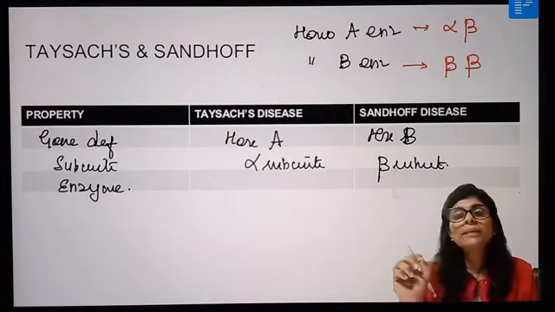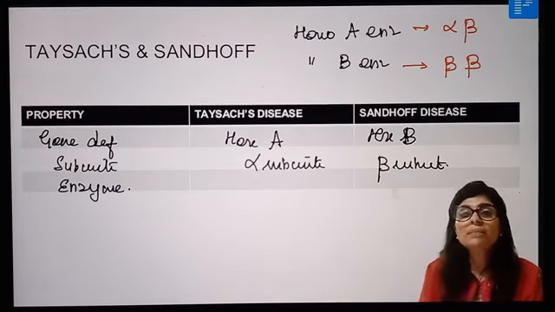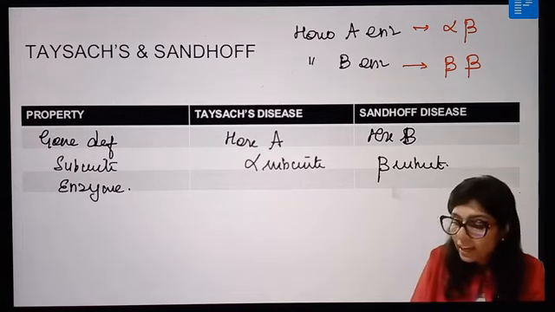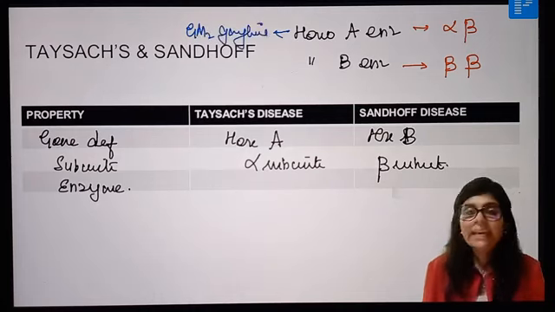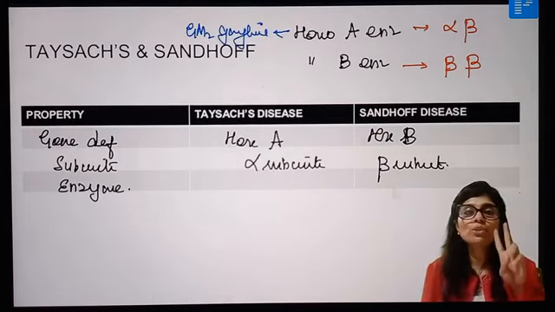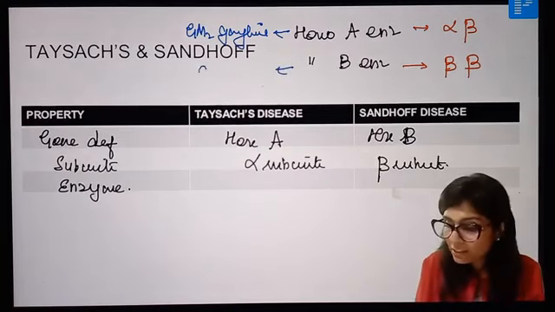A enzyme helps in metabolizing GM2 ganglioside. B enzyme helps in metabolizing globoside.